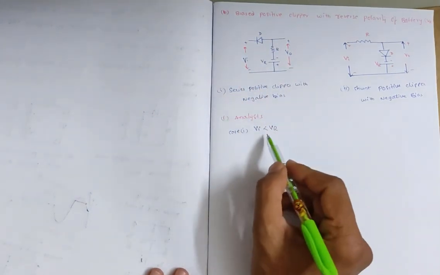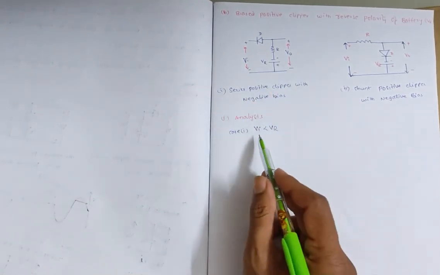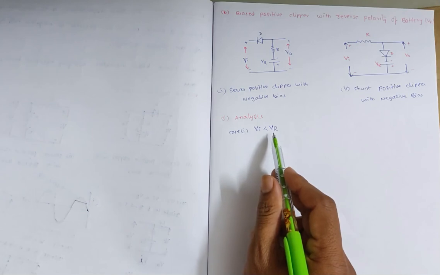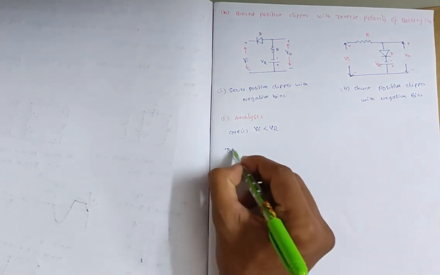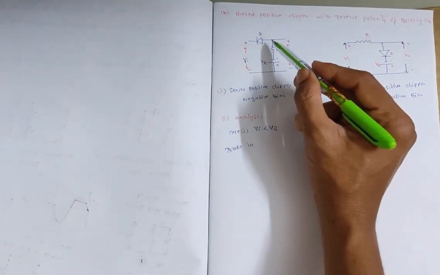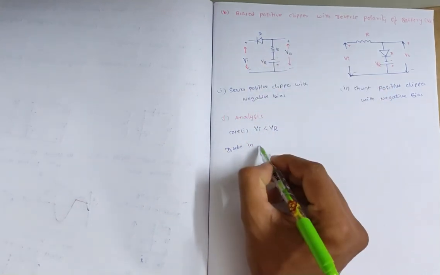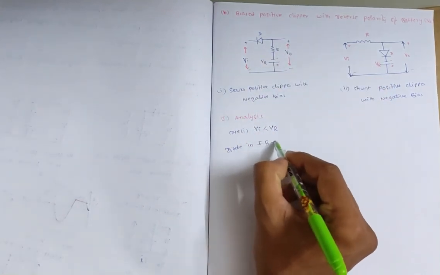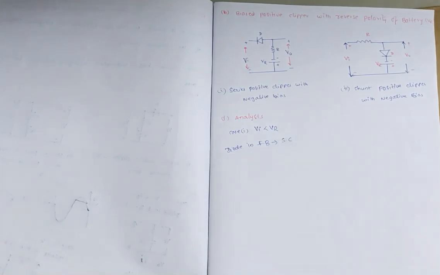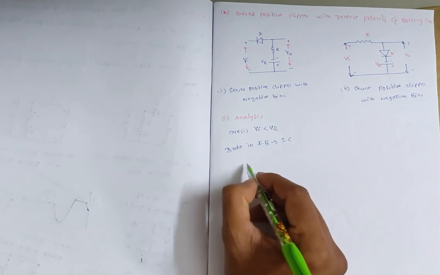Here Vr is nothing but minus Vr. So when Vi is less than Vr, the anode potential is more compared to the cathode potential. The diode is in forward bias and acting as short circuited. Then we can draw the equivalent circuit like this.